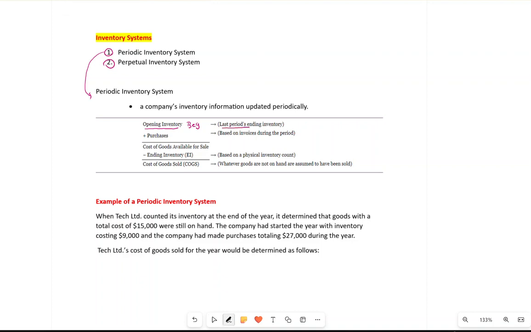Last year's ending inventory becomes the next period's beginning inventory. When you purchase, that increases your inventory. If you add both of them, whatever we started with plus your purchases, that equals your cost of goods available for sale. Minus your ending inventory, which is what is left in our warehouse, is equal to your cost of goods sold.